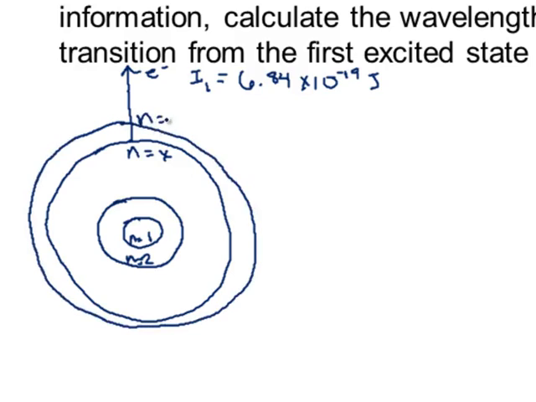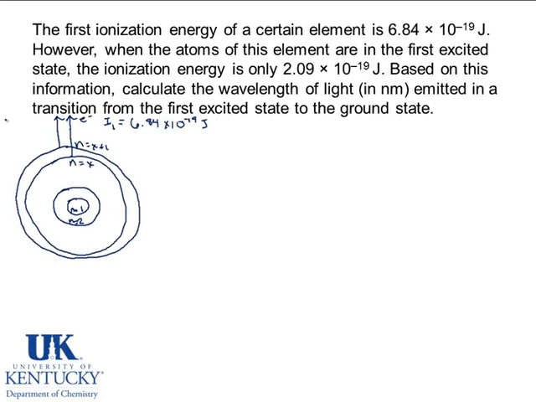So I'm going to call it x plus 1. And from there, if I were to take an electron that was sitting in there and remove it entirely from the atom, the ionization energy for that transition is given to me as 2.09 times 10 to the minus 19.